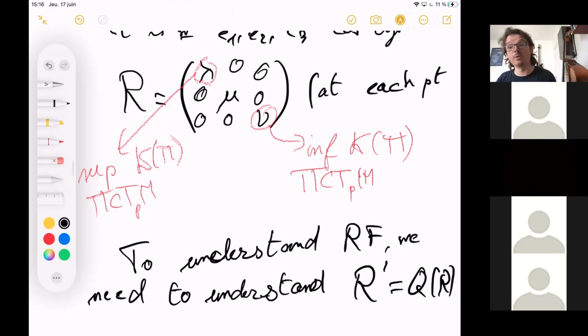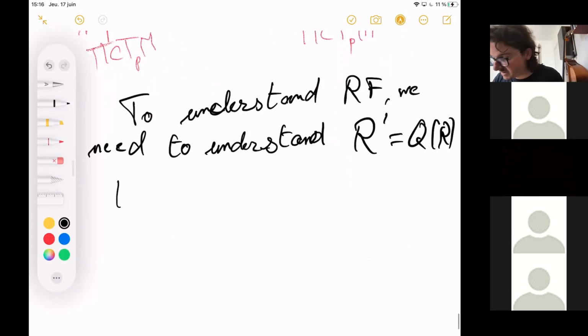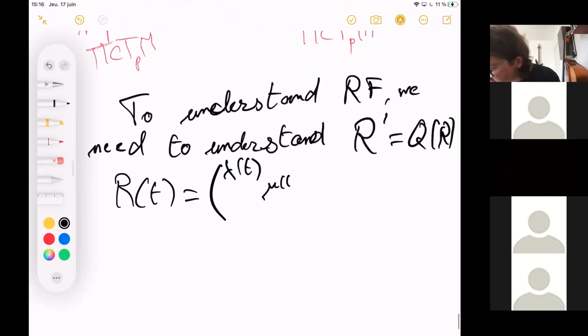Since Q is O(n) invariant, we can restrict ourselves to diagonal matrices.